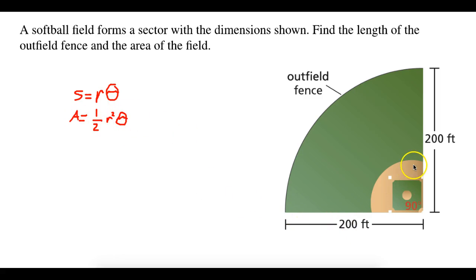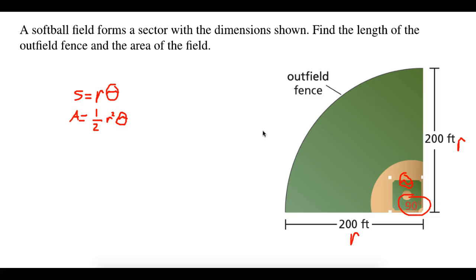So let's look first of all at this sector right here. Here we've got our distance from the center out. R is going to be equal to 200. And our angle right here is going to be theta. So in this case, theta is equal to 90 degrees.